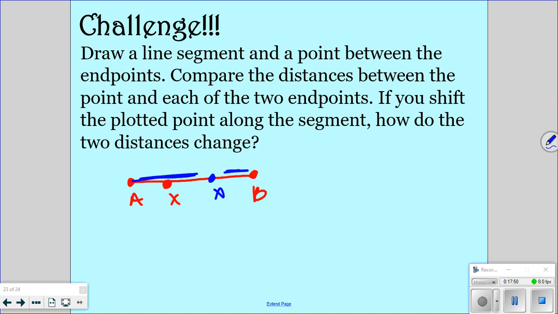And if the plotted point gets moved so that it's onto one of the endpoints, like it is on top of A or B, then that distance will become 0, and the other distance between point X and the other endpoint is going to be equal to the original segment. So that's how they would be changed and compared.